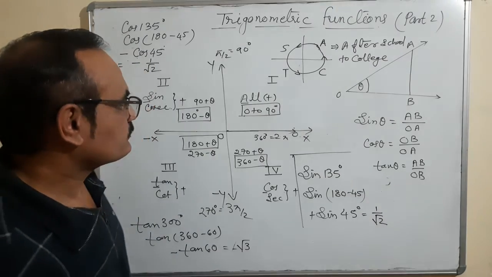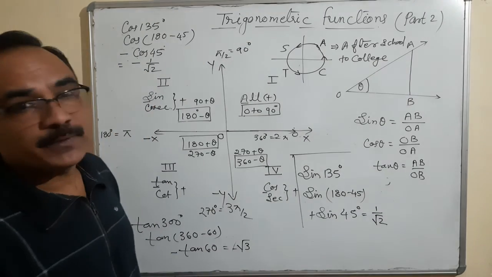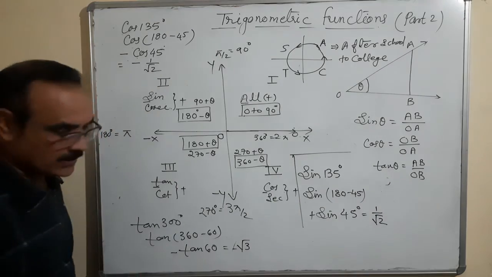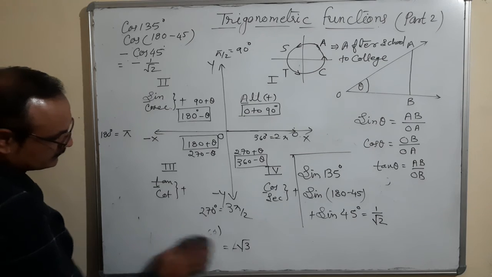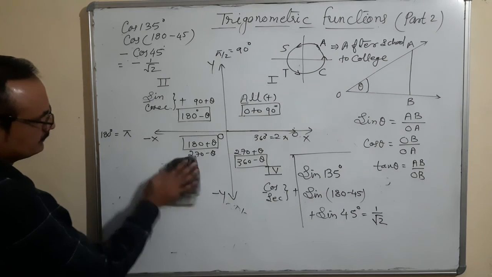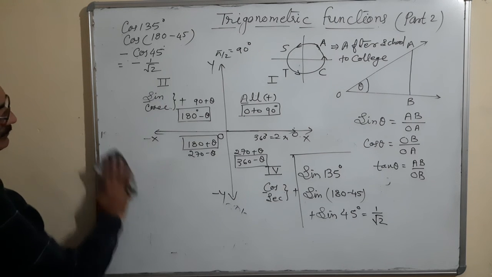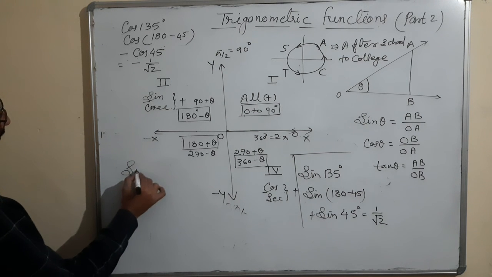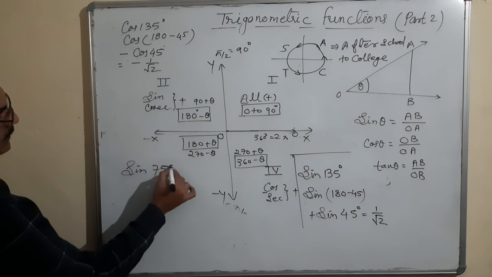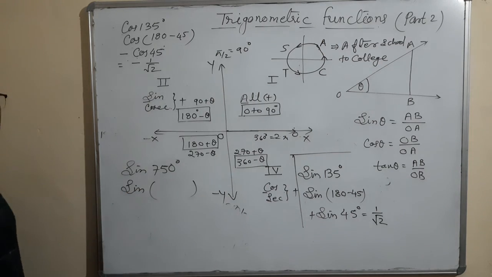Suppose we are going to find the value of sine 750 degree. What does 750 mean?